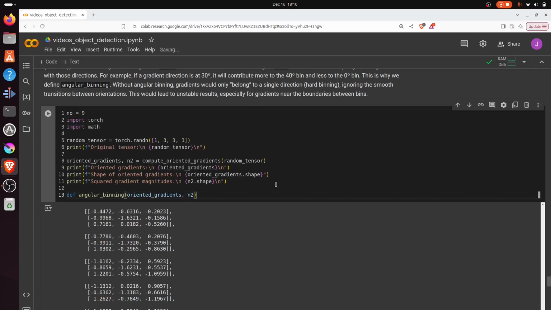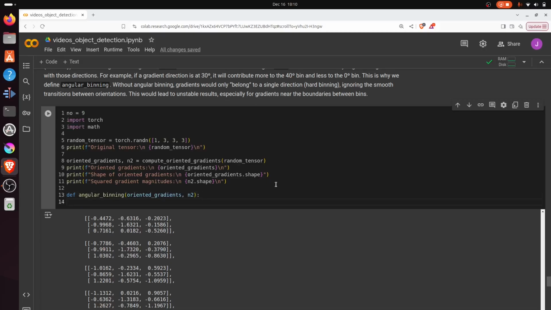So N2, and let's get started. First of all, remember, this is the squared magnitudes of our gradients. This means that we want, better say, to get just the magnitudes of our gradients.